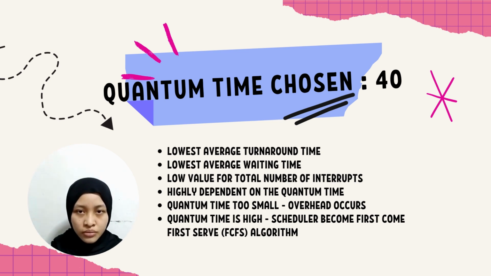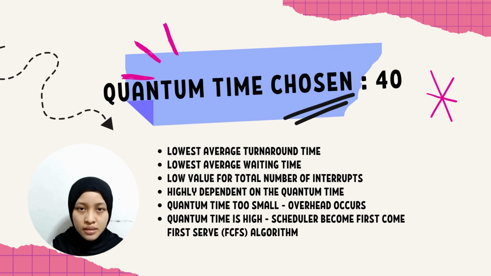The performance of round-robin scheduling is highly dependent on the time quantum. When the time quantum is too small, overhead will occur, resulting in a significant number of interrupts. When the time quantum is too high, the scheduler will become first-come-first-served. In conclusion, based on the result, it is recommended to use time quantum 40.